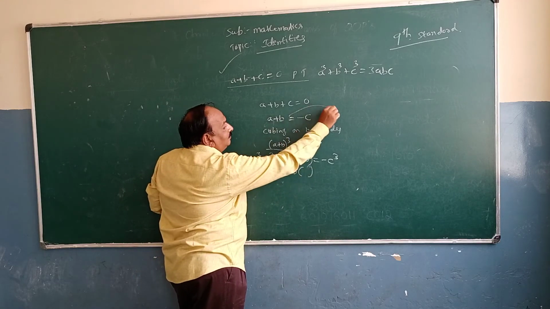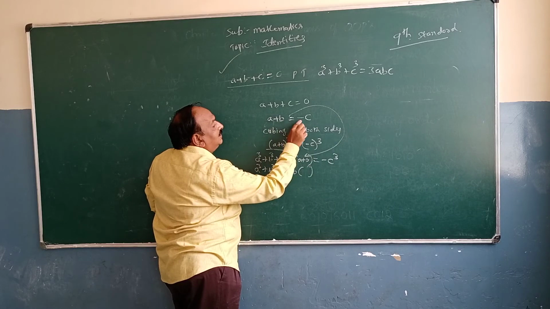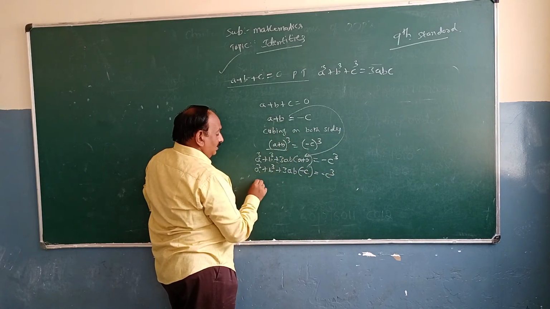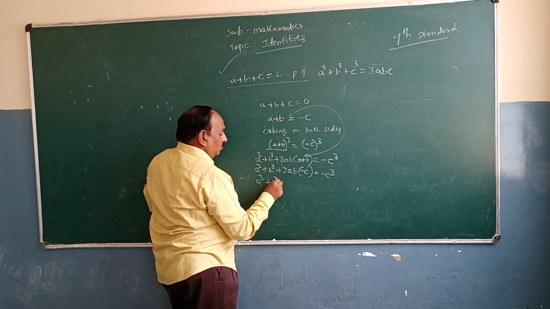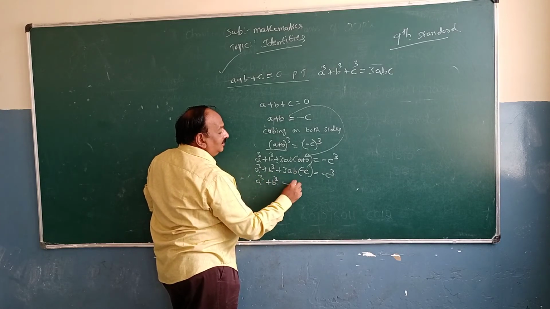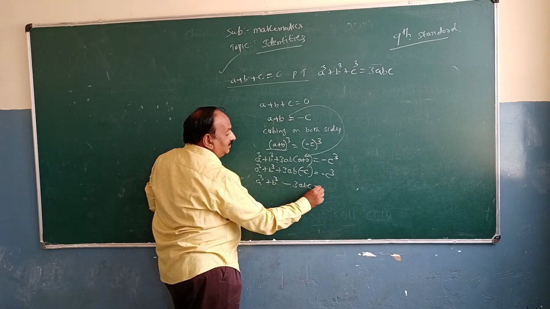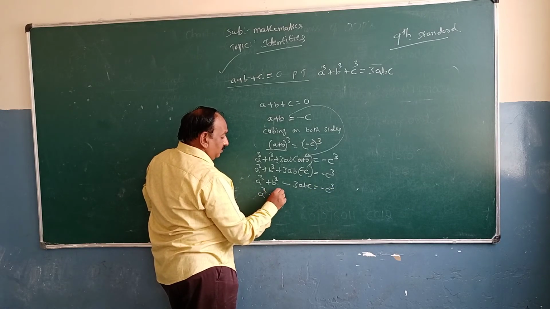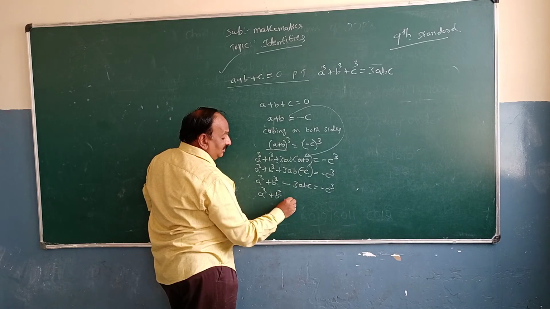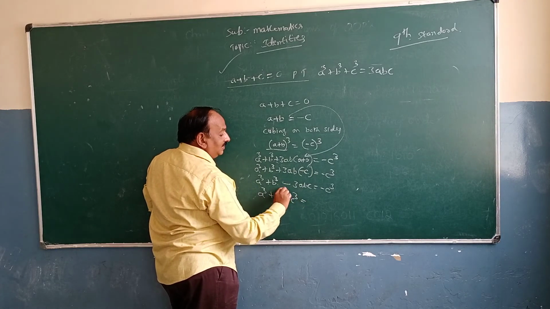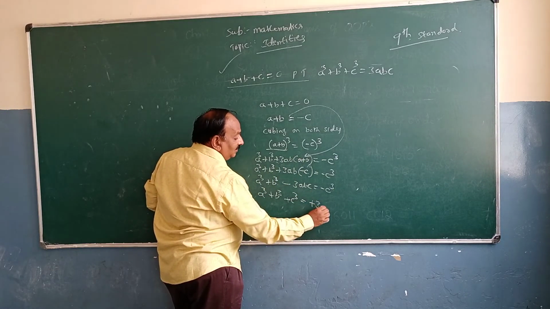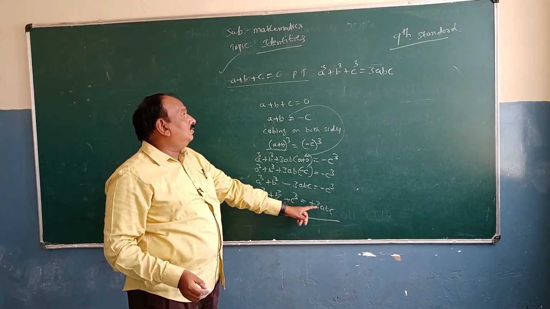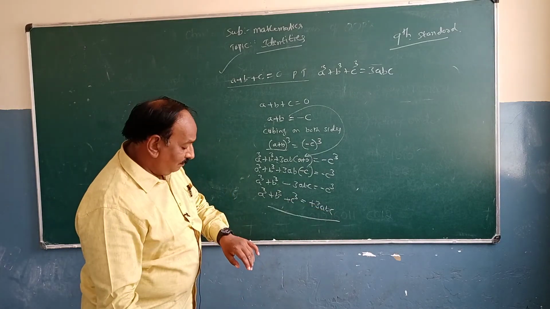What is a plus b? a plus b is equal to minus c. a cube plus b cube plus into minus, minus 3ab into c, 3abc is equal to minus c cube. a cube plus b cube, minus c cube come to this side plus c cube, minus 3abc go to that side plus 3abc. So a cube plus b cube plus c cube is equal to 3abc.